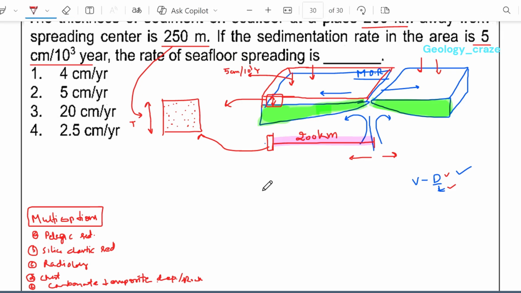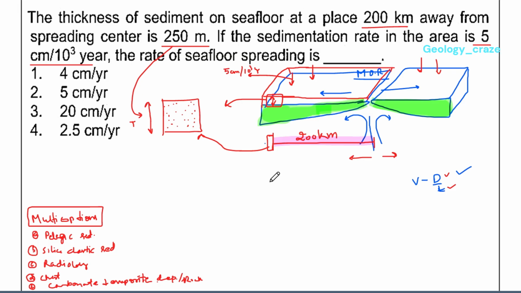As we know, this 5, we can calculate by formula also. This is given to us: the sedimentation rate is equal to this much.